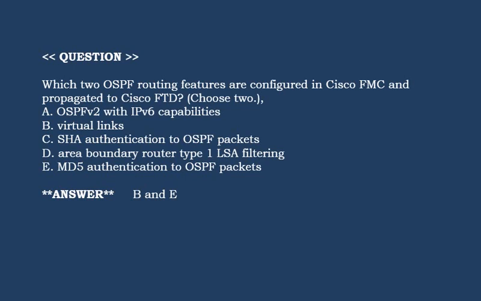Option C. SHA authentication to OSPF packets. Option D. Area Border Router Type 1 LSA filtering. Option E. MD5 authentication to OSPF packets. Correct answer is option B and option E.